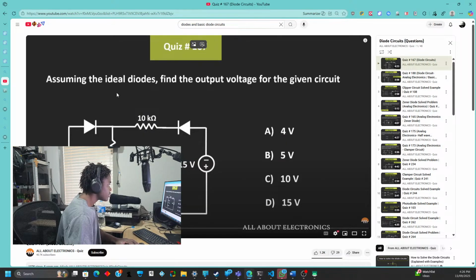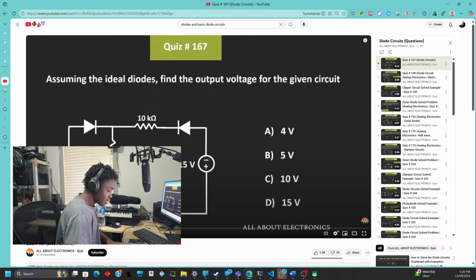Okay, so assuming the diodes are ideal, find the output voltage for the given circuit. So just draw this as a part. Current can go through here. We'll go through the 100k resistor, and it won't go anywhere.